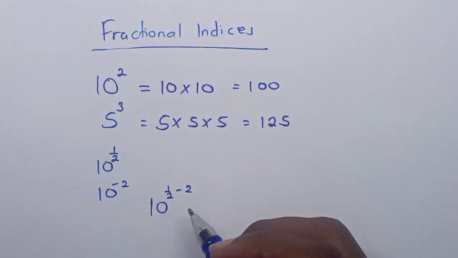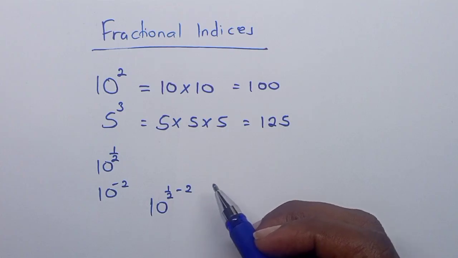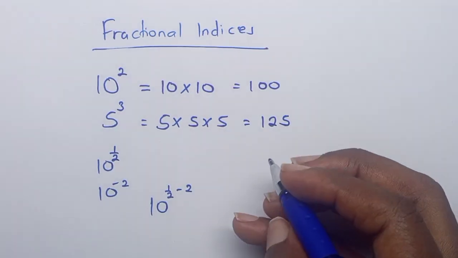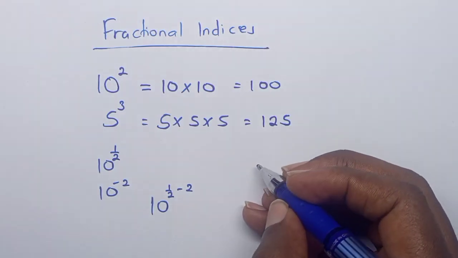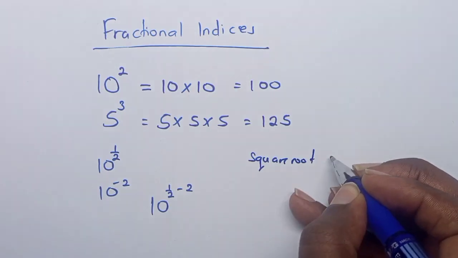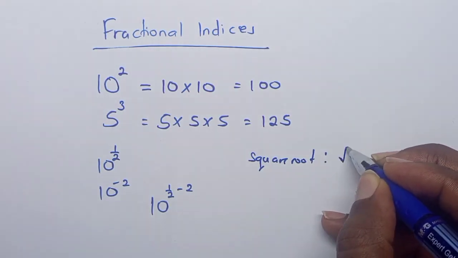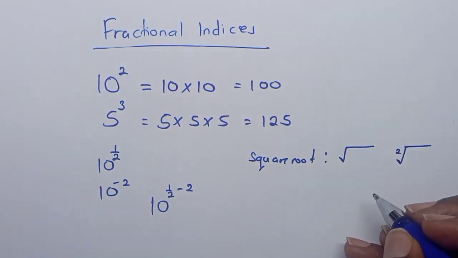So the opposite of a power is what we call a root. Depending on which root is being calculated, you put a number at the start of the root. For example, for square root, you could simply write that, or you could put the 2 in front.